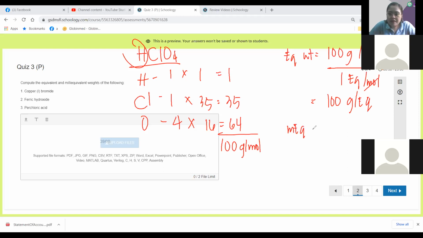For milli-equivalent weight, it's the same thing, 100 grams per mole, and then this is 1 times 1,000 MEQ per mole. So cancel the mole. This is 100 divided by 1,000 is 0.1 grams per MEQ.